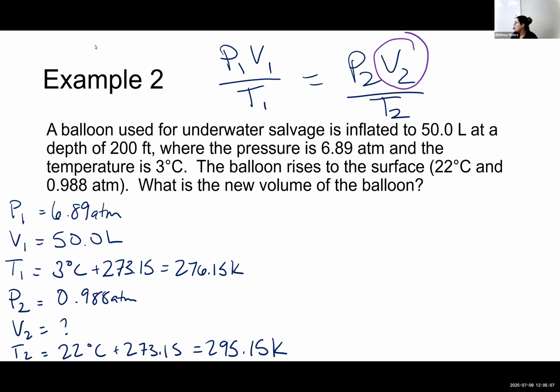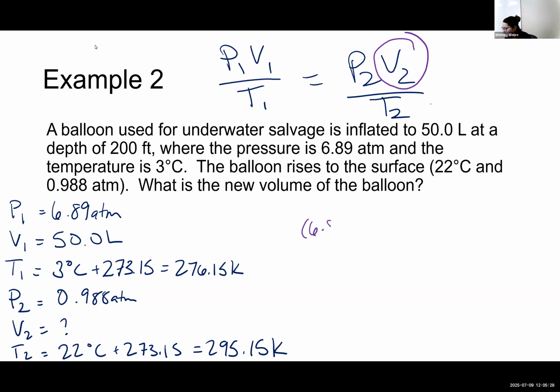When you do this, you can rearrange using the letters if you feel more comfortable doing that, where you get rid of the T over here, move it over here, and then you get rid of the P2. That's one way you can rearrange it. You can also rearrange it by adding those numbers in and solving for what's missing. So that's what I'll do here.